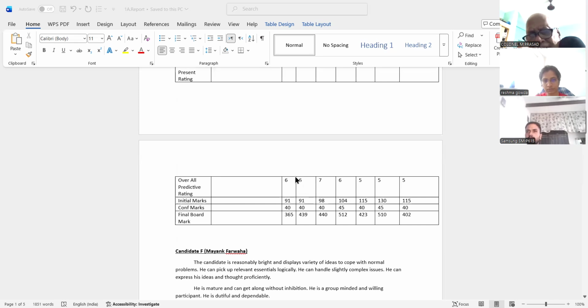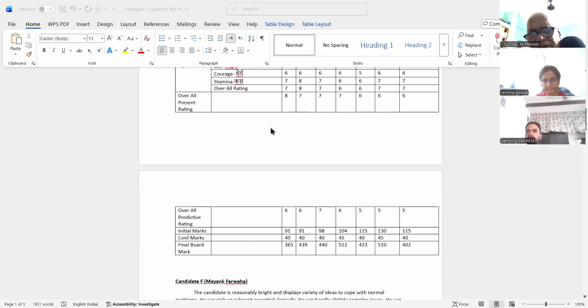After that, there's a conference. Based upon the present rating that all three assessors have given, they make a predictive rating. Predictive rating means based upon the training that you get and your own capability. He says, though I have given 8, this gentleman has the capability to go to 6 after training.